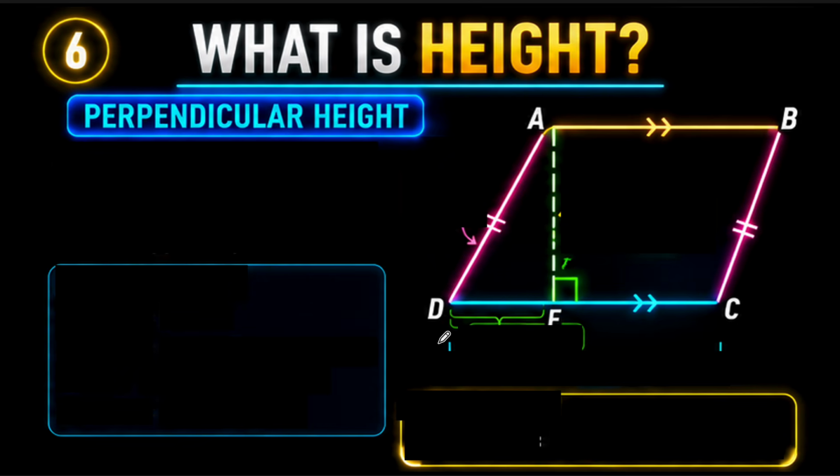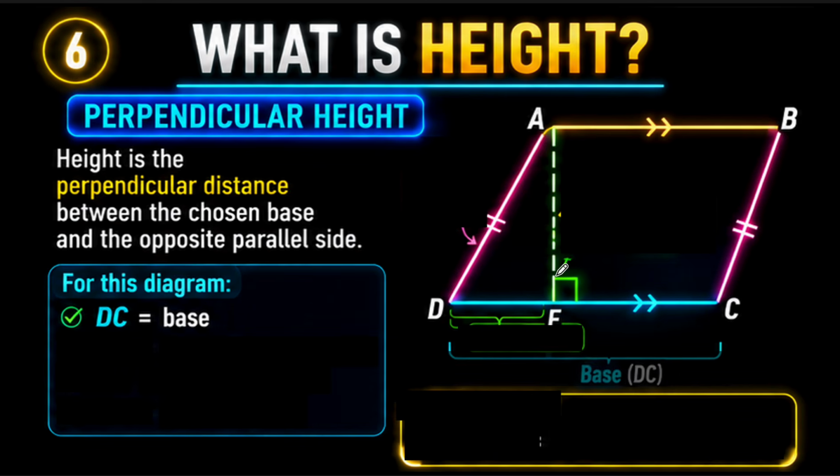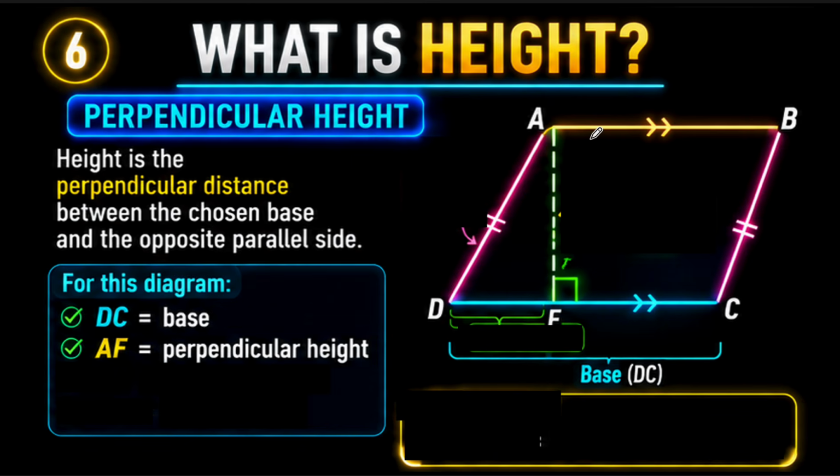So let's have a perpendicular height. The height is the perpendicular distance between the chosen base and the opposite parallel side. What does it mean? For this diagram, our DC is the base. Again, our DC would be our base. AF would be our perpendicular height.